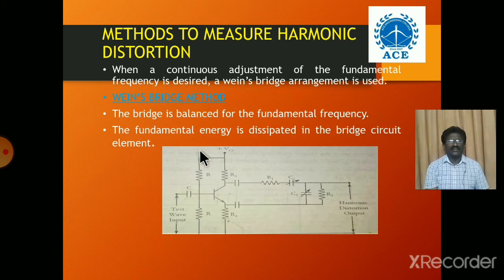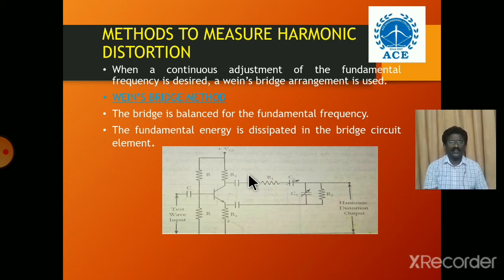The second method is the Wien's bridge method, which is also one of the methods to find harmonic distortion. This is the circuit diagram for the Wien's bridge circuit. The bridge is balanced for the fundamental frequency.